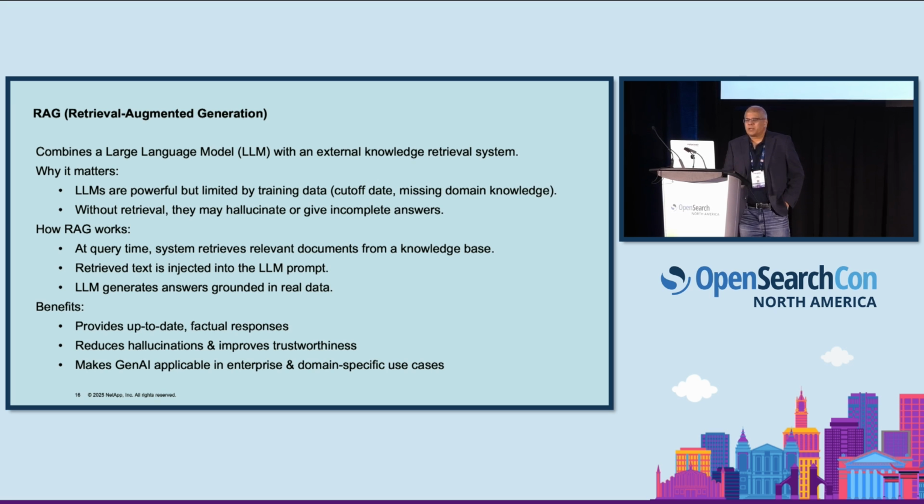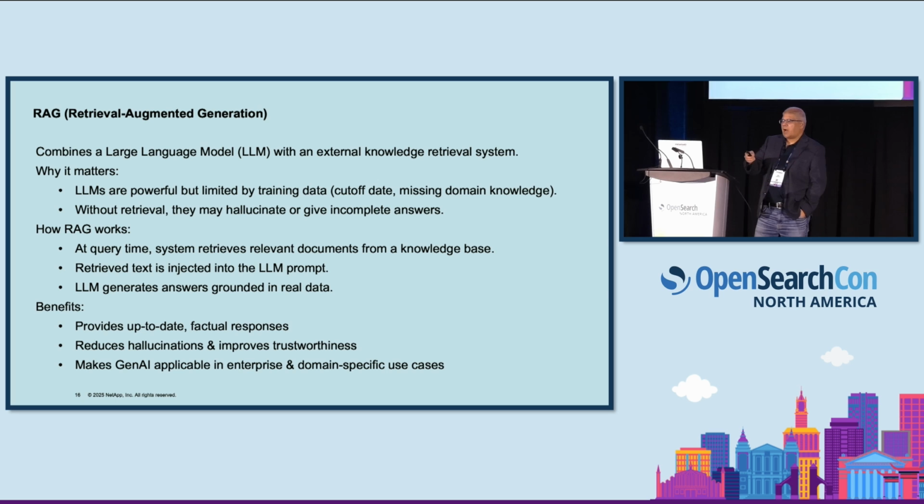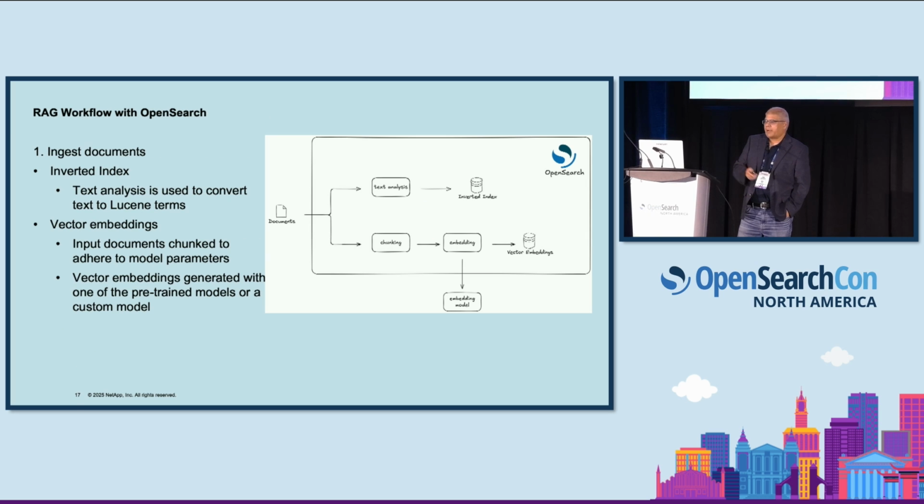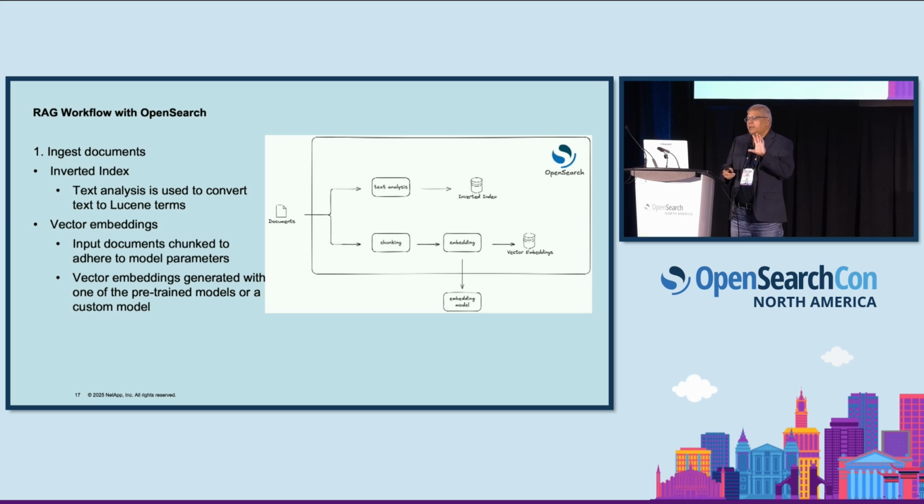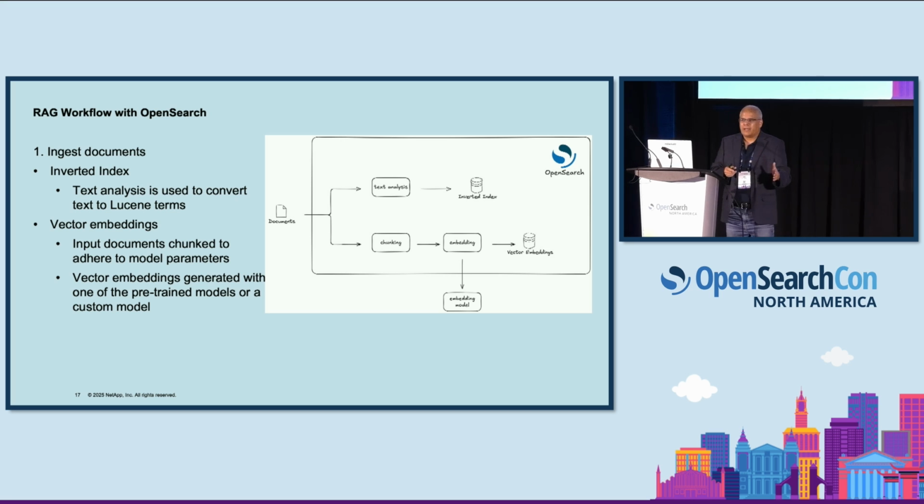I will take a quick example of how to use OpenSearch in RAG. Here, the first step is to ingest all the data, that is, provide more context. Basically, ingest all the data that is domain-specific, industry-specific, or data that was created after the cutoff date of the LLM.